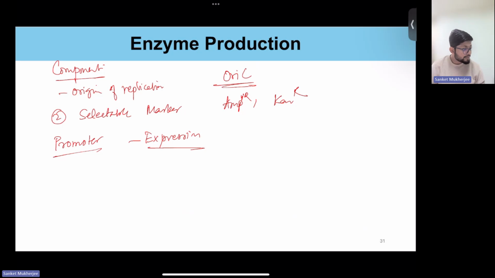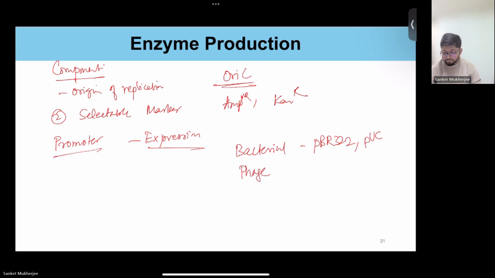And then there are host-specific vectors, like say bacterial expression vectors like pBR322, pUC series vectors, which are again modifications of the pBR series. Then we have phage-based vectors. We have yeast vectors and mammalian vectors. Off the top of my head, mammalian vectors could be like pEGFP, pcDNA, something like that.